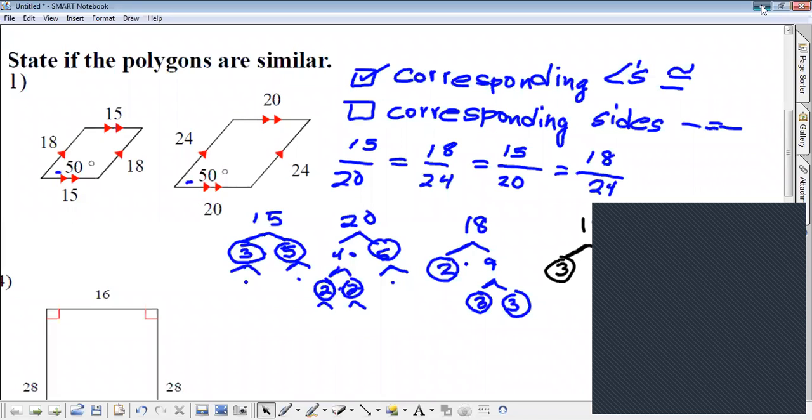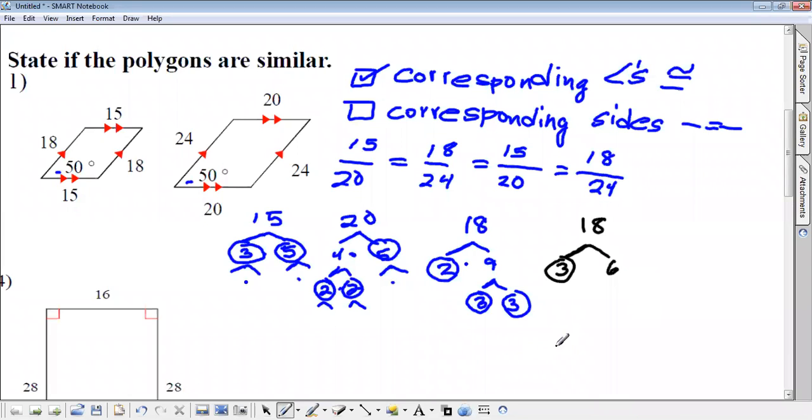For 6, can you use 3 and 2? Yes, 3 and 2 or 2 and 3. Those are prime. Now, compare the answer that we got over here and the answer we got over here. 2, 3, 3 and 3, 2, 3 is the same. So no matter what path you take, you're gonna get the same answer. Whether you use 2 and 9 or 3 and 6, it doesn't matter, the answer will be the same.